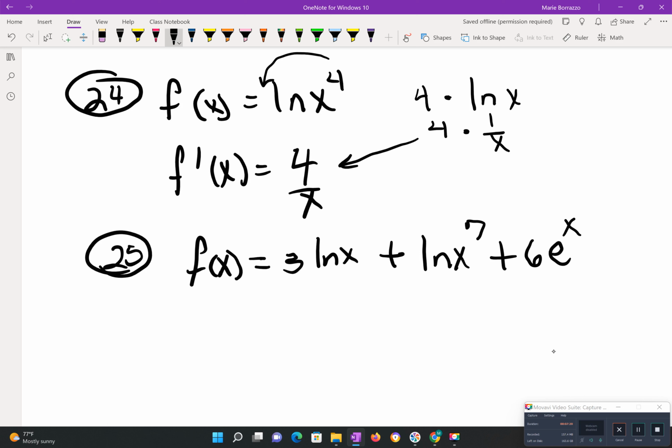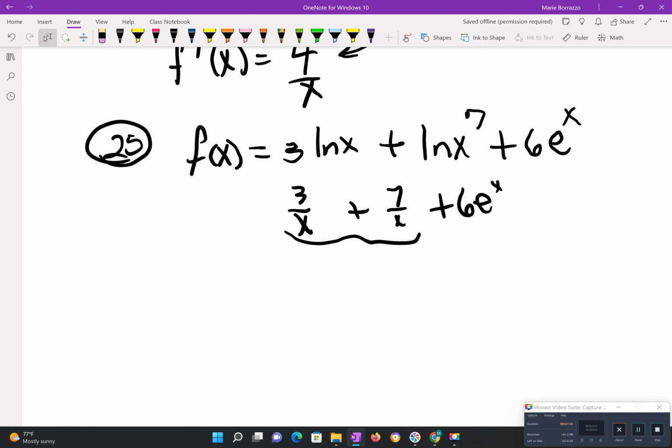So remember, this is merely 3 over x plus 7 over x plus 6e to the x. These are like terms, same denominator, so we can really simplify to 10 over x plus 6e to the x. So that would be our first derivative.